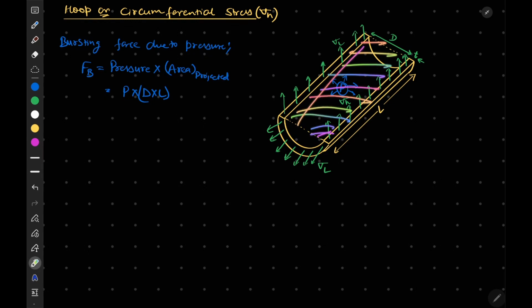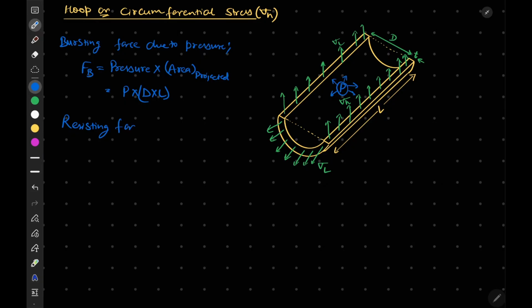On average, the net pressure force is acting on this area, and this force will be resisted by the material. For that we can write the resisting force Fr is equal to hoop stress into area, and this is the resisting area basically.